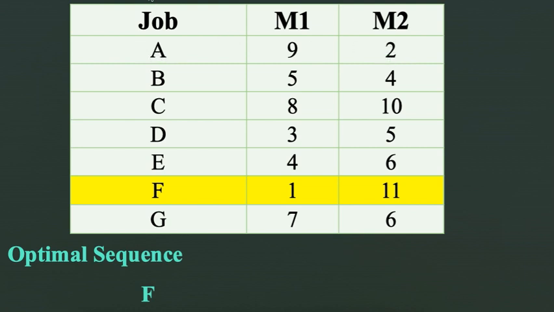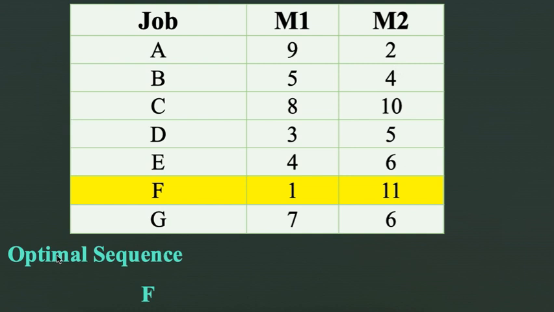So what Johnson method says here, whenever a job has the smallest processing time on machine 2, this is the smallest processing time on machine 2, right? It should be scheduled at the end of the sequence.